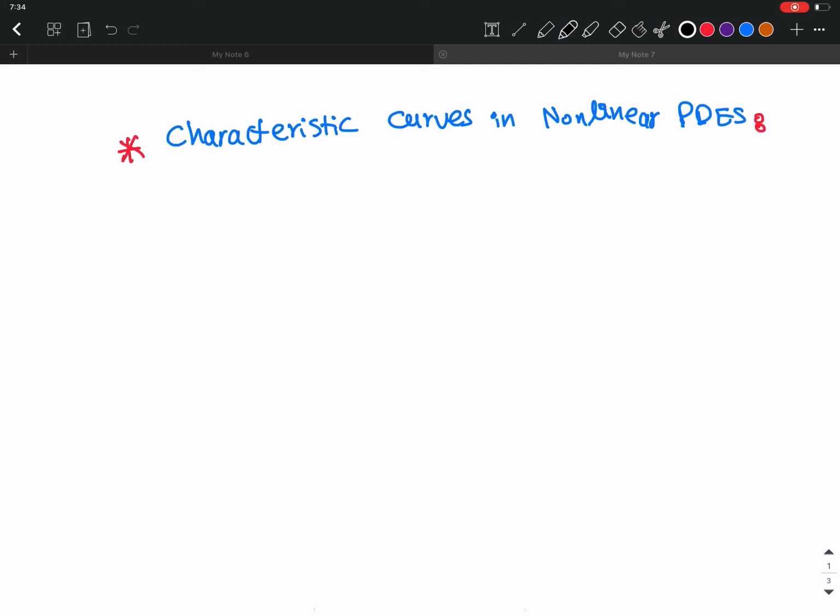Okay, so now I want to just give you a final example on finding characteristic curves in PDEs, and now we want to focus on finding the characteristic curves in nonlinear PDEs.